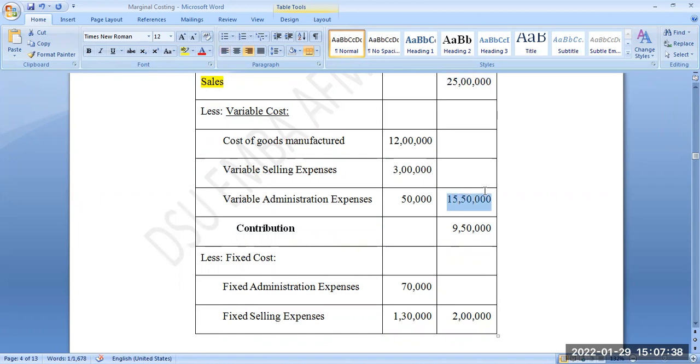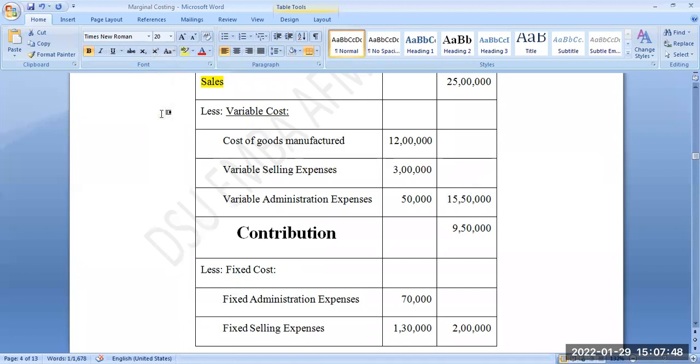The total variable cost of that sales is 15,50,000. The remaining 9,50,000 we give one name. That name in accounting we call contribution. How much the sales have contributed to recover the fixed cost is called contribution. Or you can say excess of sales over the variable cost is called contribution.